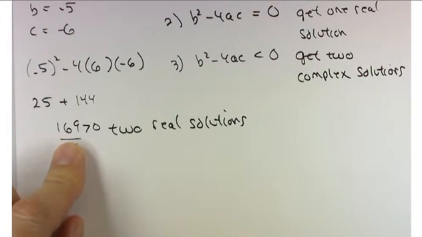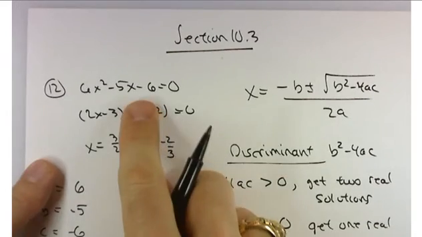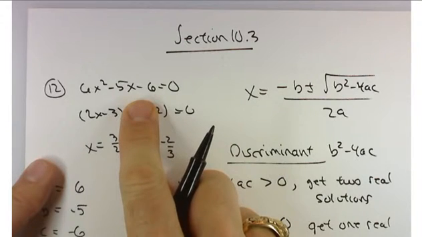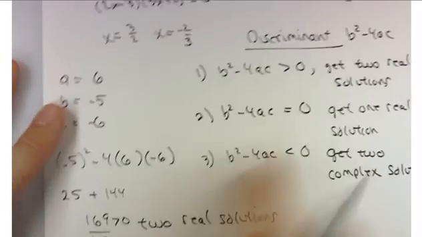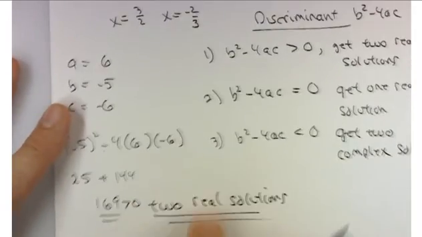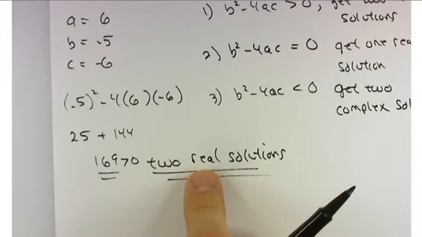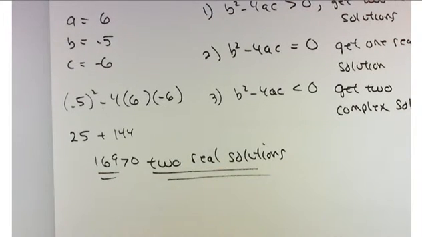Now, if you just want to use the quadratic formula and say, you know what, I hate factoring these things, that's fine. There's nothing wrong with that at all. But the point of this problem was to discern the nature of the solutions, and we have two real solutions here. Let's do two more examples like that.